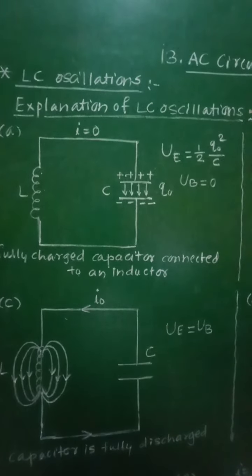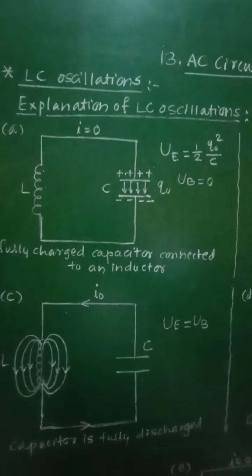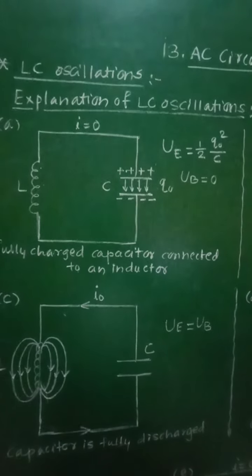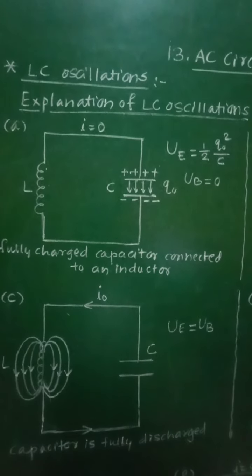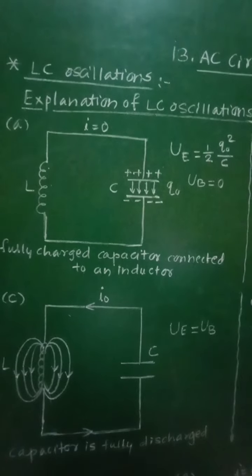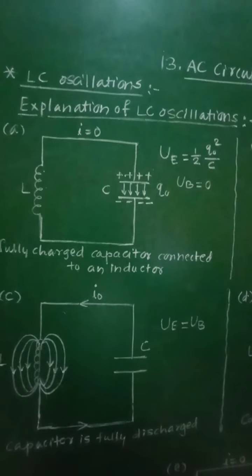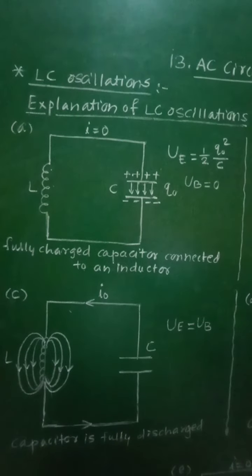Then the self-induced EMF will try to oppose the growth of the current, that is the further increase in current. Due to this, the charge on the capacitor decreases and an equivalent amount of energy is stored in the inductor in the form of magnetic field.